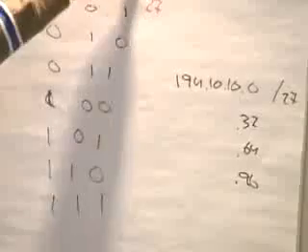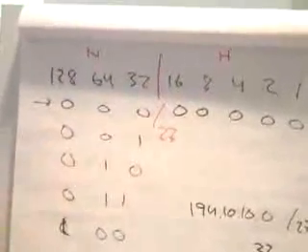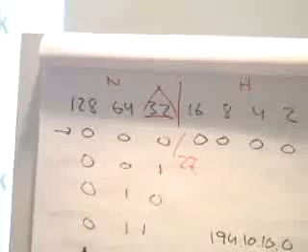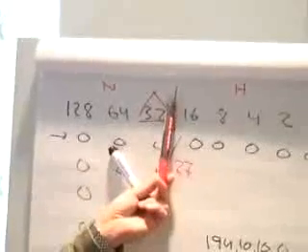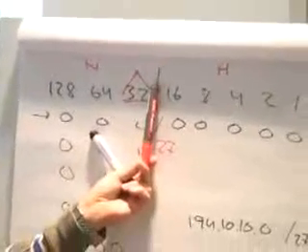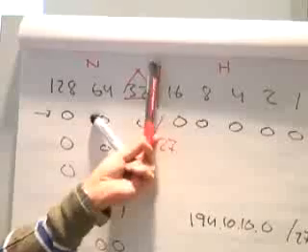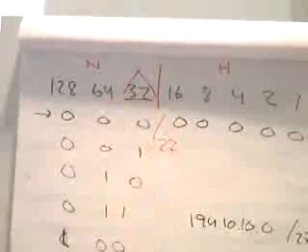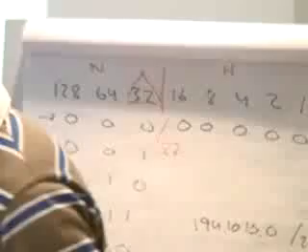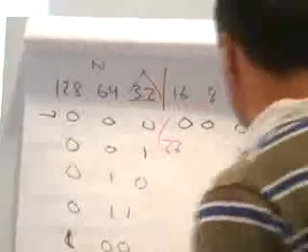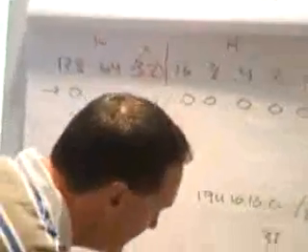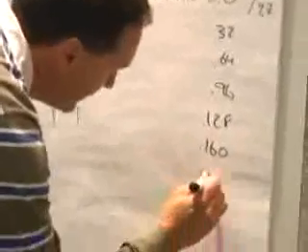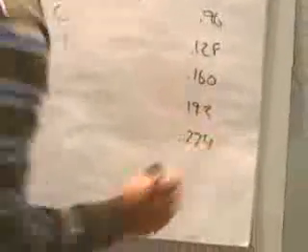Now, when I do this bit to the left of the line, it's called a delta bit. As soon as you know where the split is, you also know what the network is because it's going to be 32 between them. So the 8 networks are 0, 32, 64, 96, 128, 160, 192, 224.